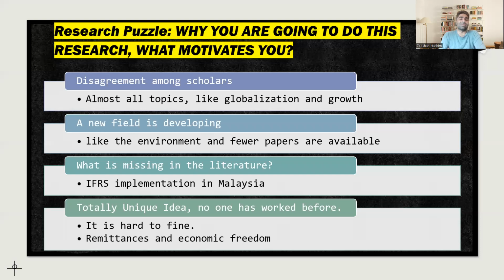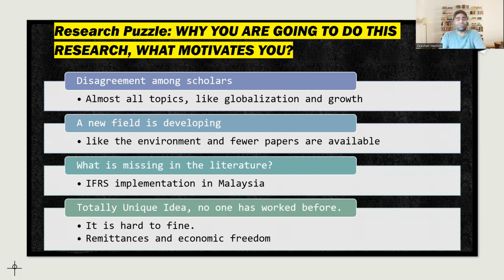Or for example, one of my students is working on changing the accounting system, meaning IFRS implementation, its impact on the financial performance of different companies in Malaysia, and its impact on the stock market in Malaysia. So basically that's missing. No research is available, so that's the research puzzle, and that's the contribution as well. Such kind of missing literature you can find in different studies.